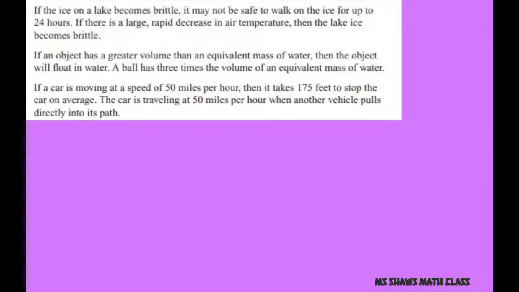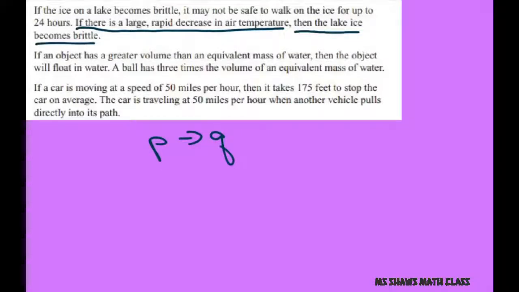All right, here's 3 more. If the ice on the lake becomes brittle, it may not be safe to walk on the ice for up to 24 hours. So if P, then Q: if there's a large rapid decrease in air temperature, then the ice becomes brittle.